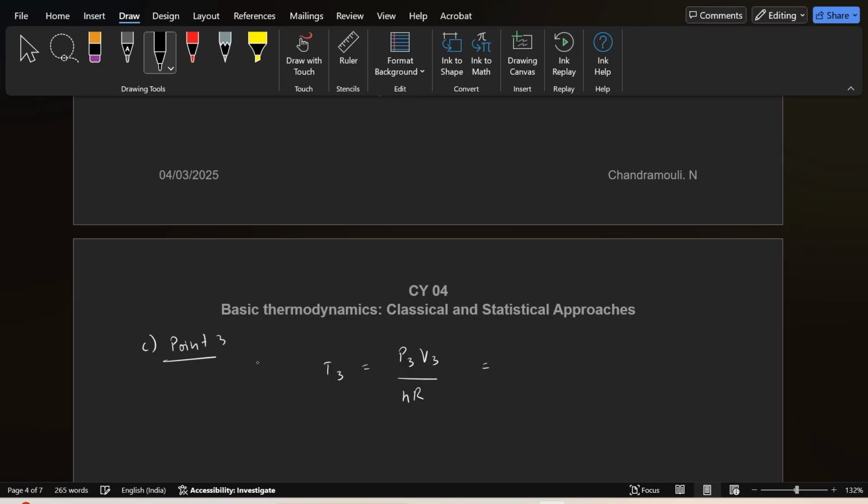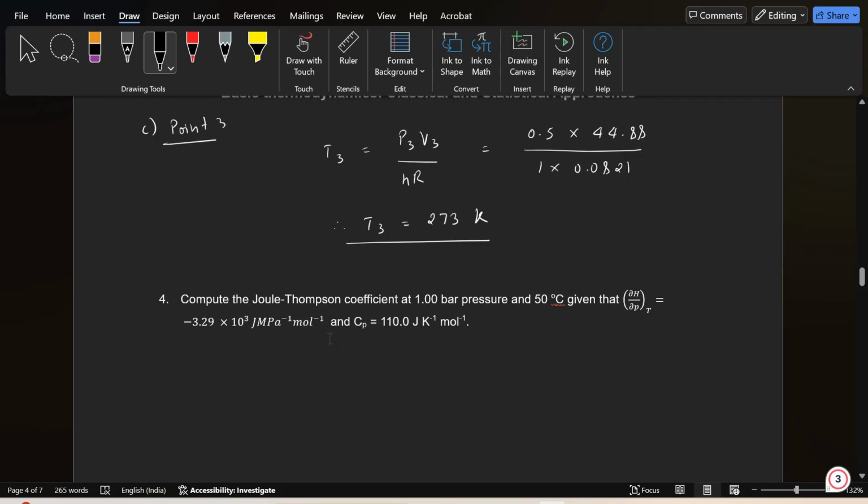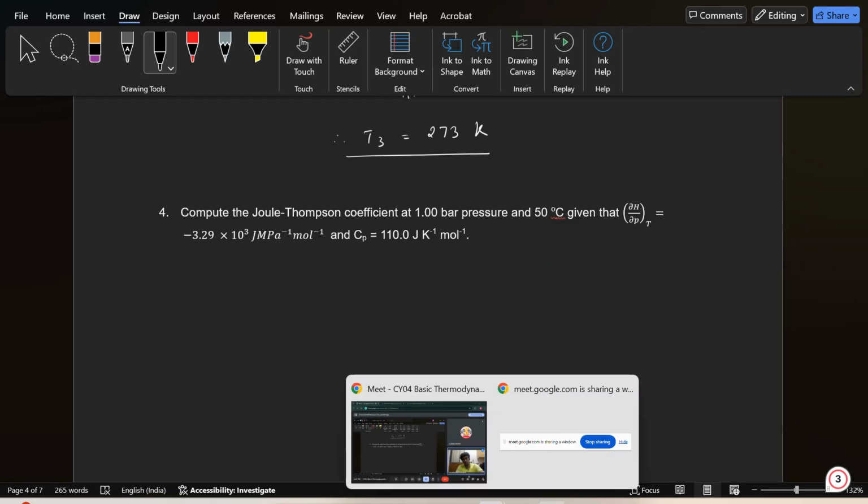What is the value for P3? 0.5, correct? 44.88 divided by 1 into 0.0821. So therefore T3 is equal to 273 Kelvin. It's pretty straightforward. Do you understand? Yes. Okay. Do you have any doubts? No, sir.